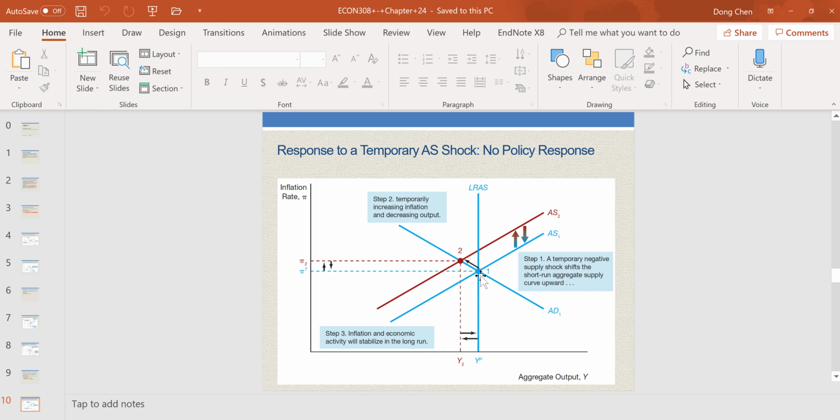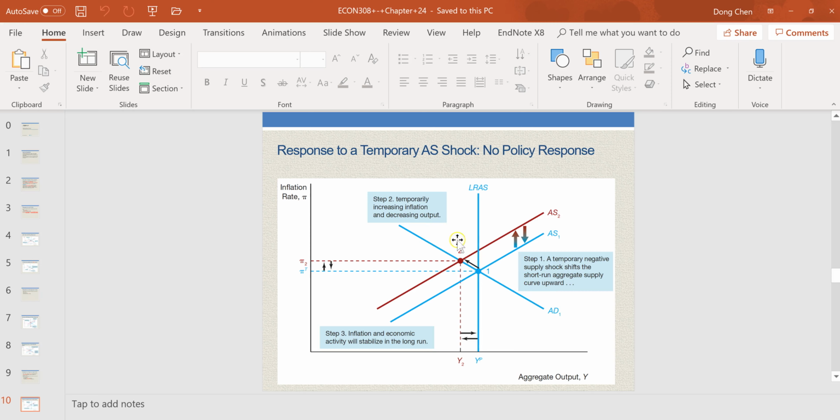So what the central bank can do in this case, based on the setup, is try to stabilize economic activity. By that, we mean they try to stabilize output. What they can do is ease the monetary policy, and when the monetary policy eases, that will affect the AD curve. The AD curve will shift to the right and upward.